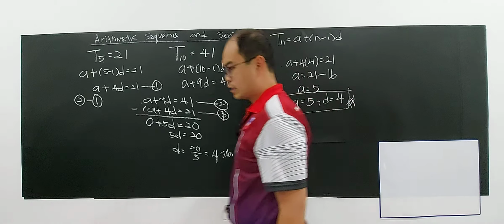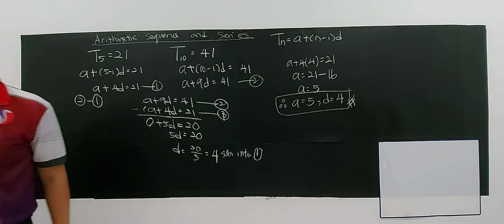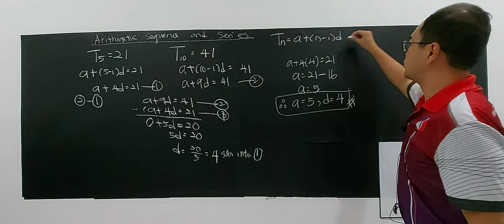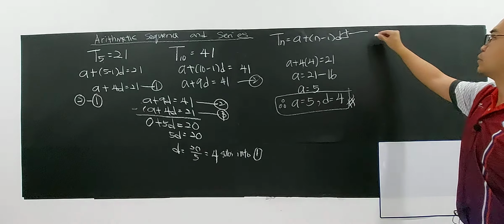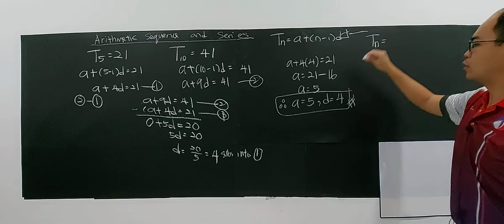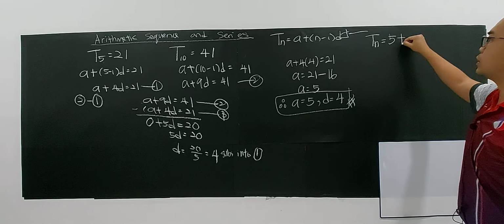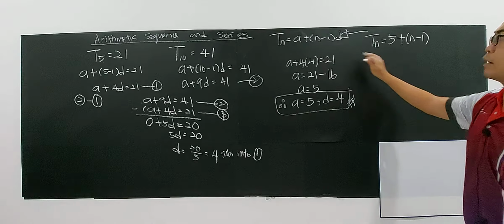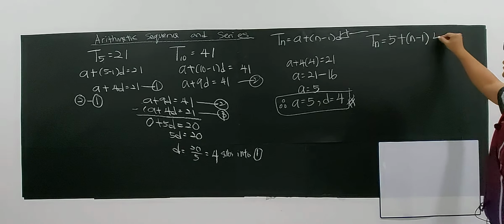Followed by this question, they are asking you to find the nth term of the arithmetic sequence. The meaning is the same, it means in general your nth term. Now you already have your a, so you just put 5 plus (n - 1), and d is 4.